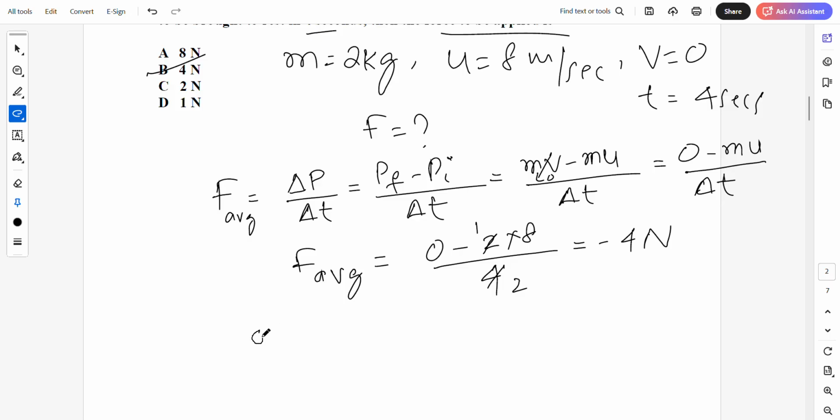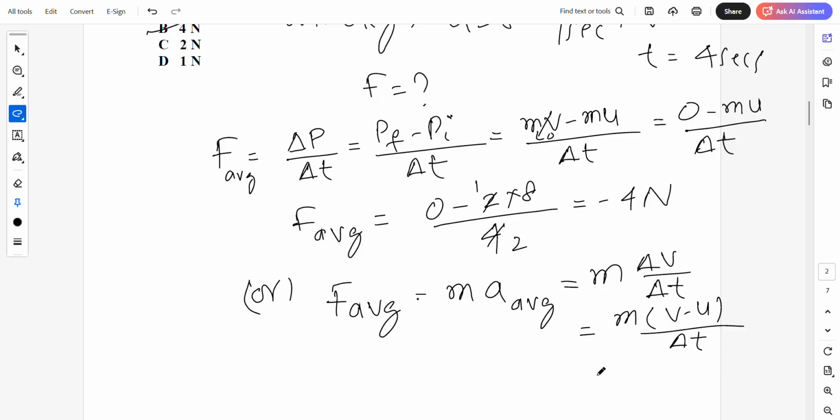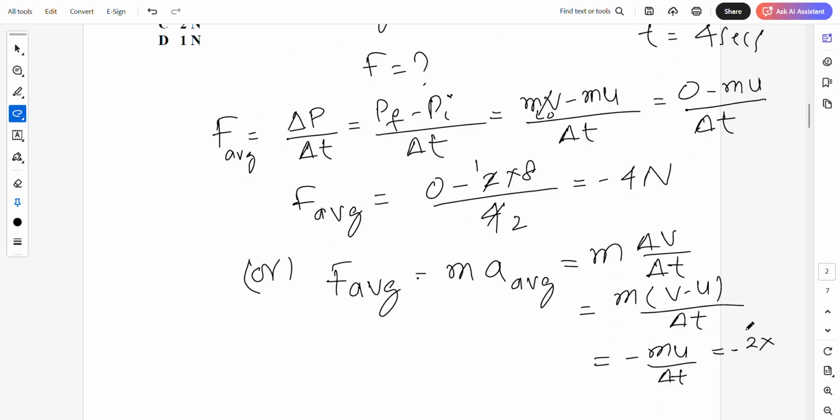Now, you can also use the formula. F average is equal to m into a average. What is a average? It is given by delta V by delta T. That is nothing but m into V minus U by delta T. V is 0, therefore it is minus mu by delta T. M is given as 2, U is 8, divided by 4 seconds.